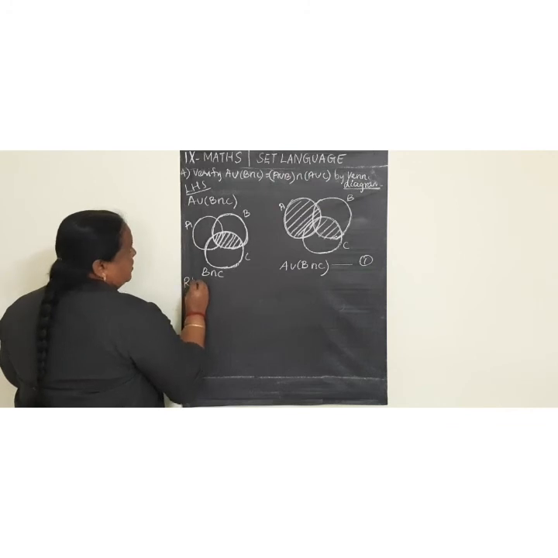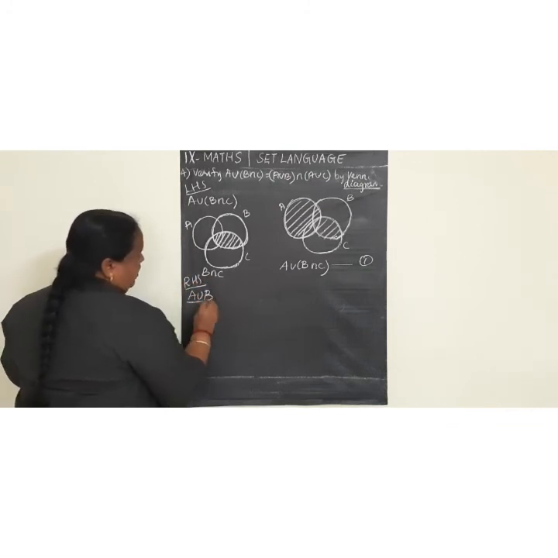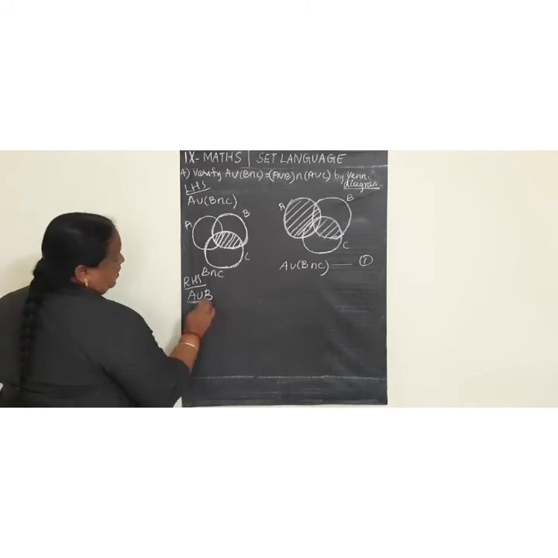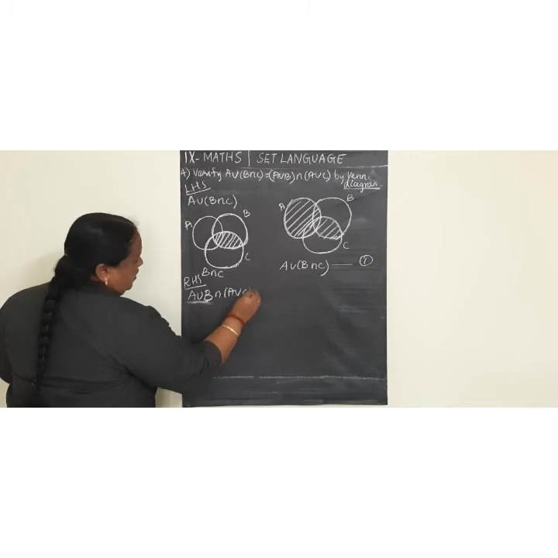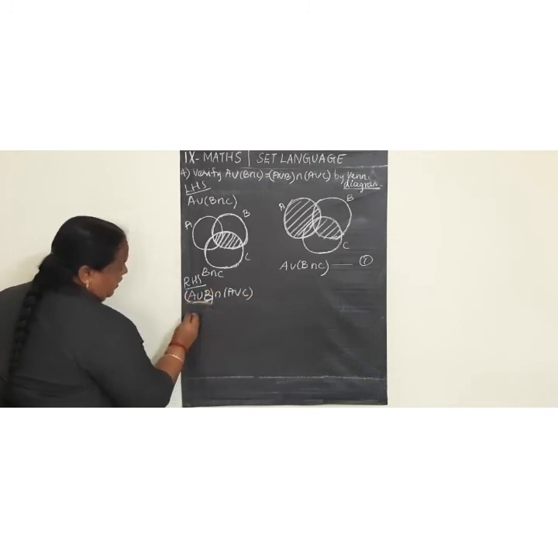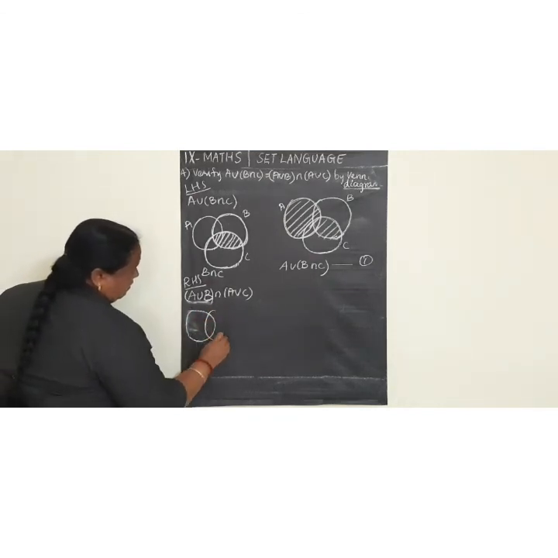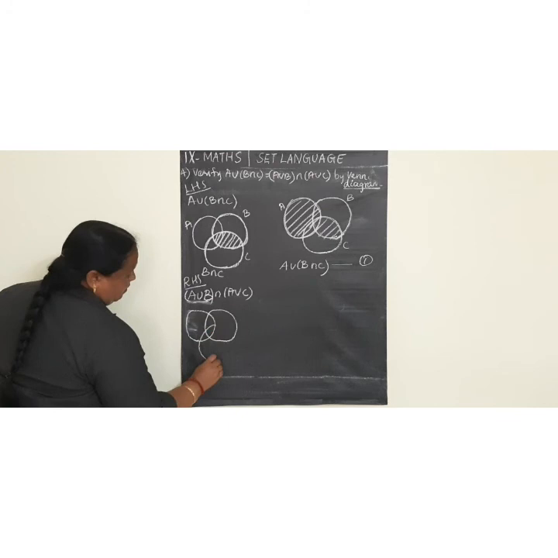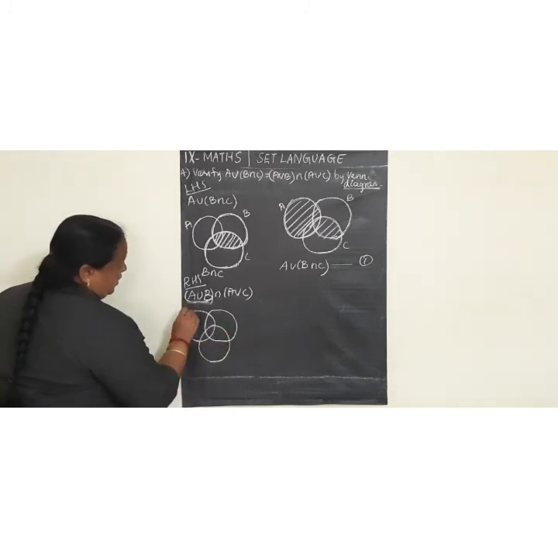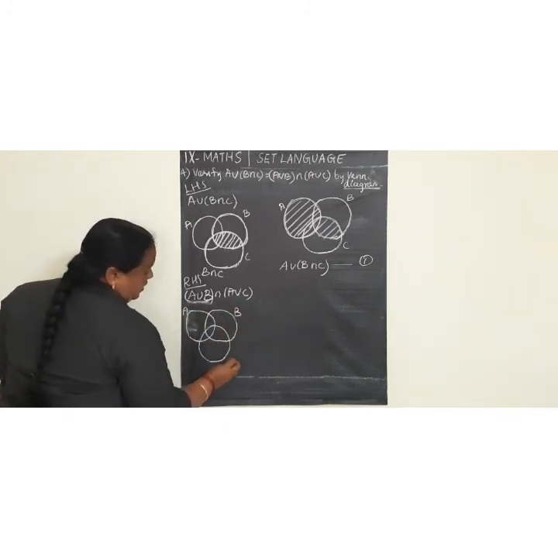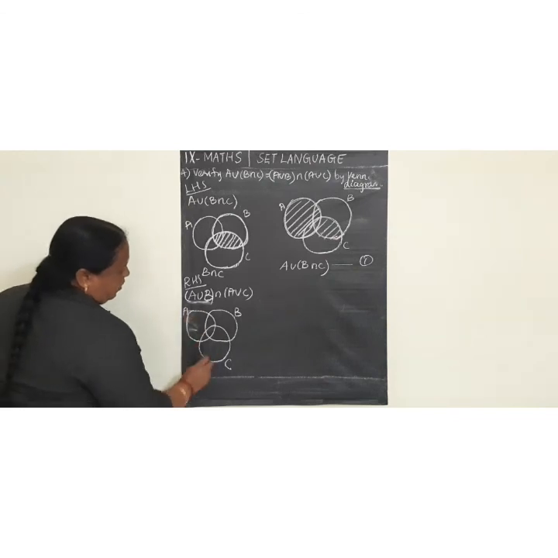Next RHS side. RHS side, what is that? RHS side A union B intersection A union C. So first we have to find A union B. The set A, B, C. So A union B means what we will do?